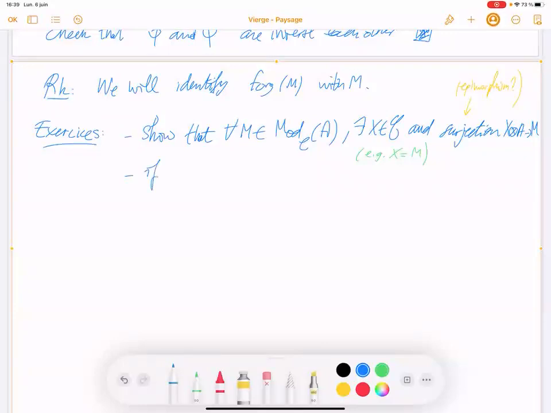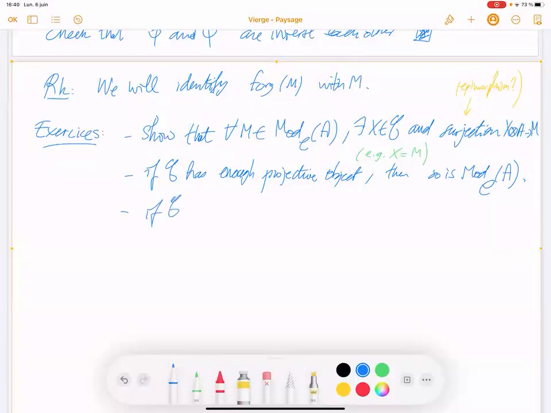So if C has enough projective objects, which we already defined and recalled recently, then so is mod CA.